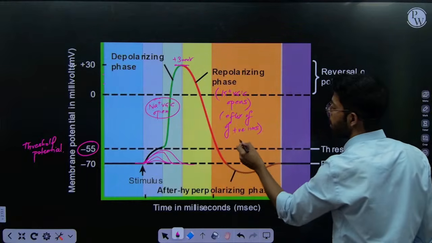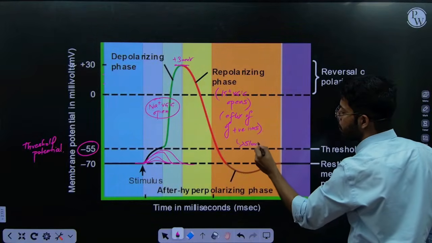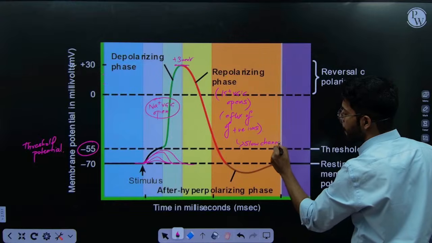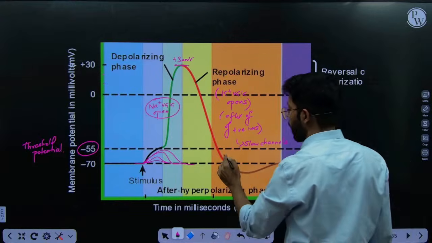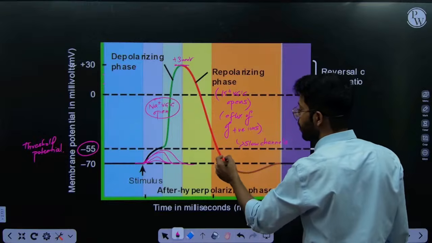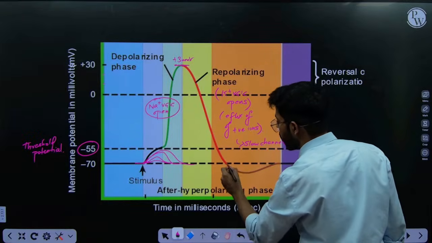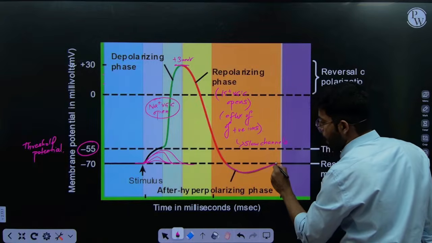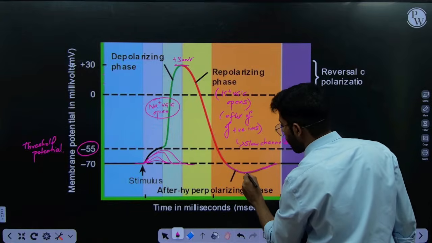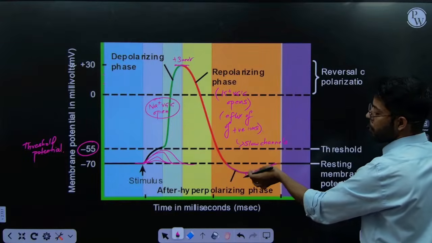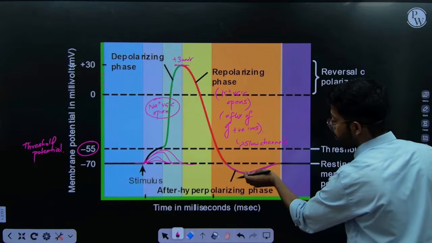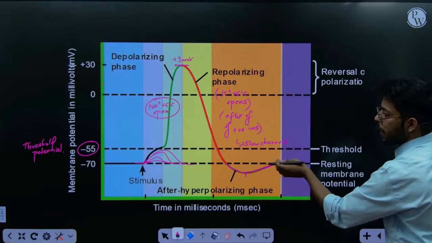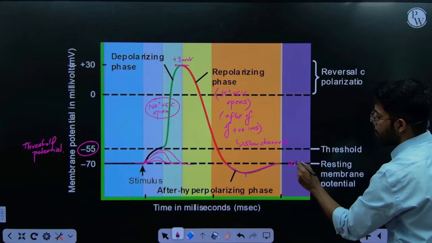But these channels are slow channels, and now it will reach up to the more negative also. And when they get closed, again from the activity of the sodium potassium pump, it will regain its minus 70 RMP.